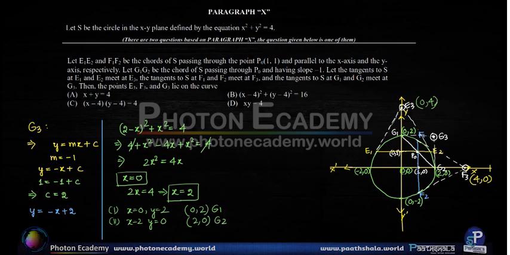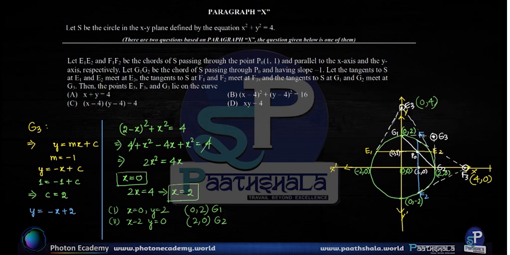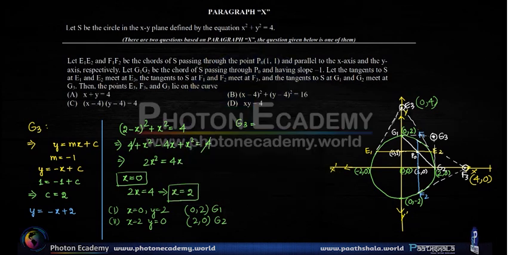The tangent at 0, 2 would therefore be parallel to the x-axis, and the tangent at 2, 0 would be parallel to the y-axis, and the point G3 would be 2, 2 by symmetry. It would be 2, 2.